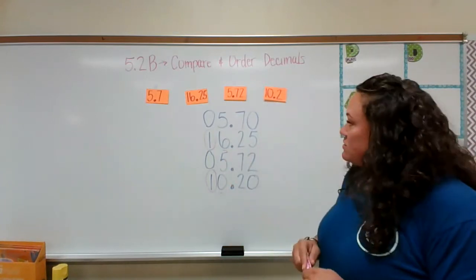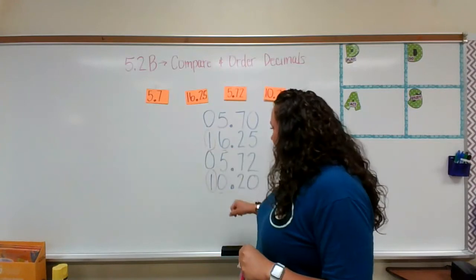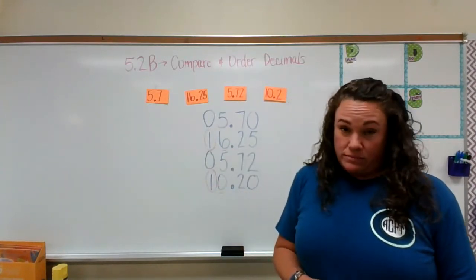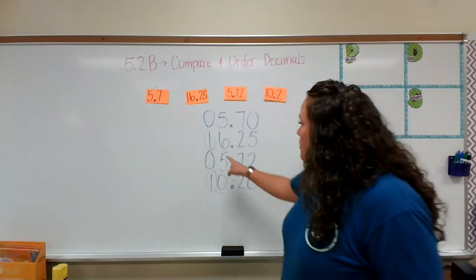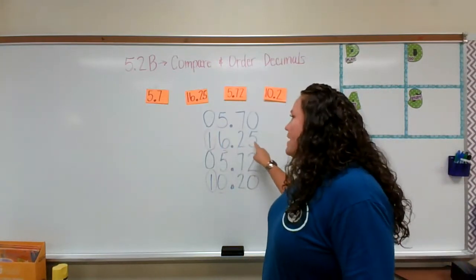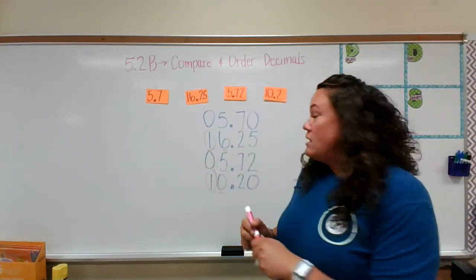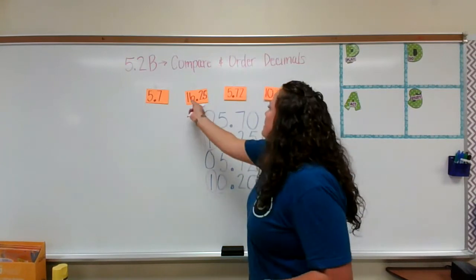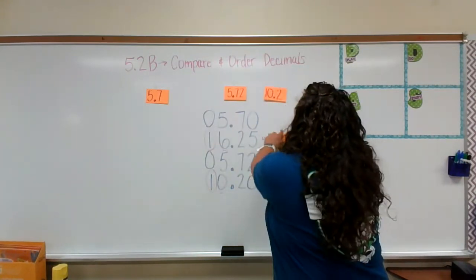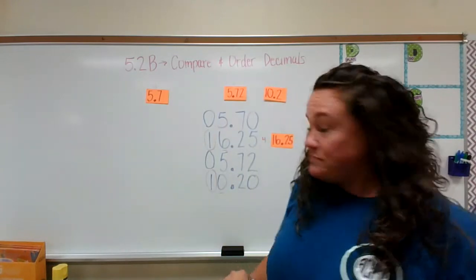Which number is greater? Is 6 greater or is 0 greater? Yes, 6 is greater. So 16 and 25 hundredths is the greatest number. I'm going to write a 4 right here. This is the greatest number, so it will be last.